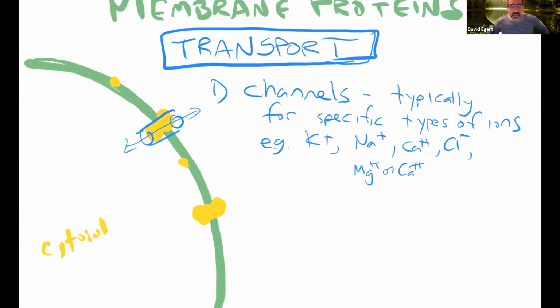Sometimes they can be more generic. There are also leak channels that let pretty much anything through, which is why I'm saying typically, not always. But in general, we'll talk about a sodium channel, which means it only lets sodium through, or a potassium channel, which only lets potassium through, or sometimes just a cation channel, which lets cations through, but not anions.